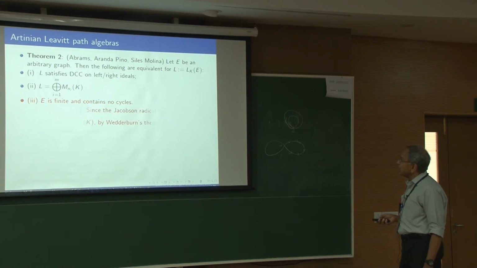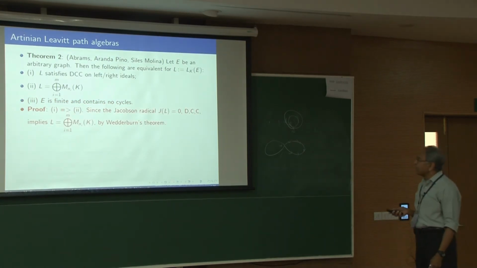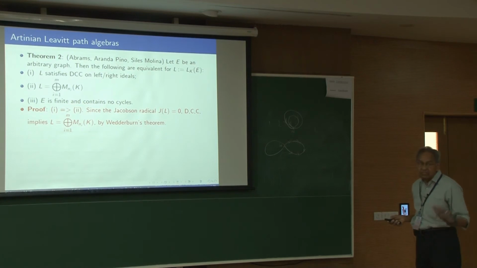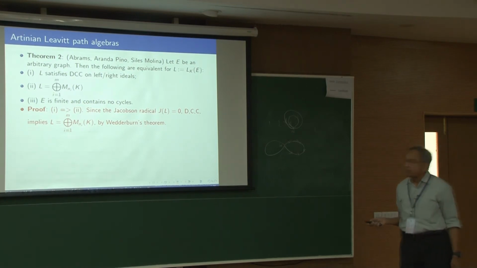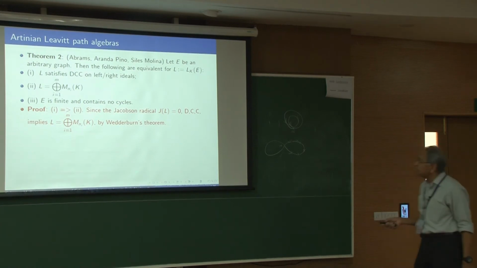Now the condition 1 implies 2 is pretty obvious, many of us know, because if you have a ring whose Jacobson radical is 0, and it is going to satisfy the descending chain condition, we know by Wedderburn's theorem, the ring decomposes as a direct sum of finitely many matrix rings, so pretty obviously. So no Leavitt path algebra, no graph argument needed here.